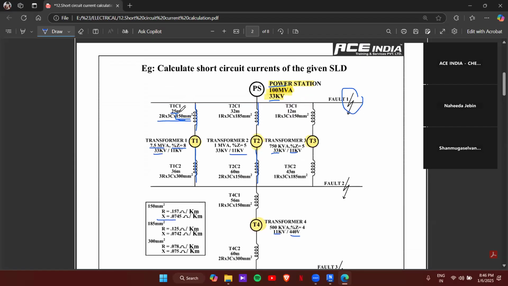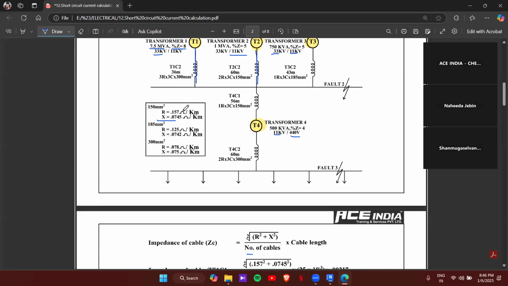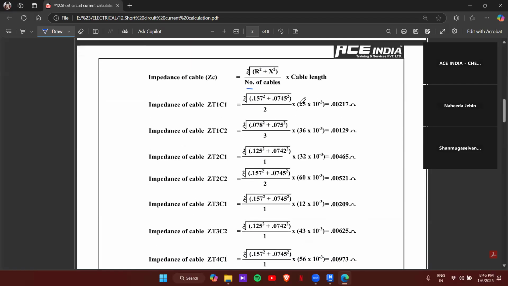Cable length is given in meter, 25 meter, and our resistance value is given in per kilometer. So we have to convert the meter to kilometer. That will be easy: 25 into 10 raised to minus 3. You will substitute so that you will get 0.002174. That's the impedance of the cable.